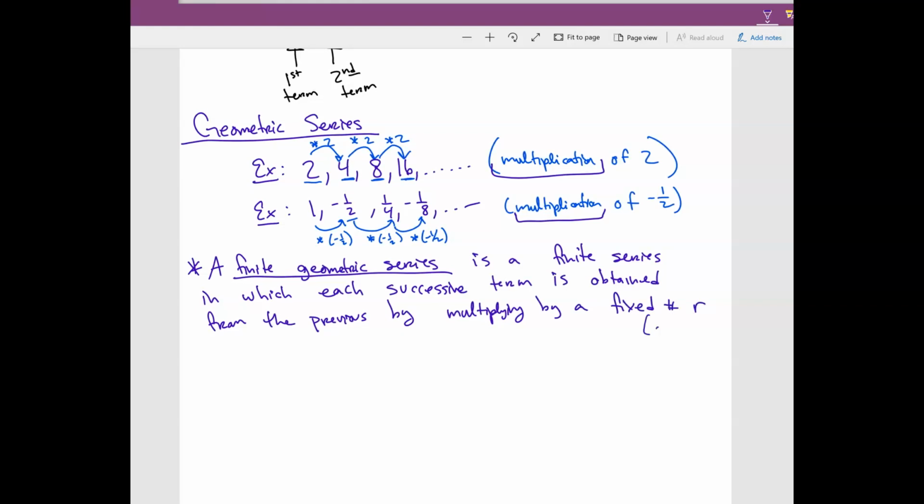This r is what we call the common ratio. So we have a common number that we're multiplying each term by.